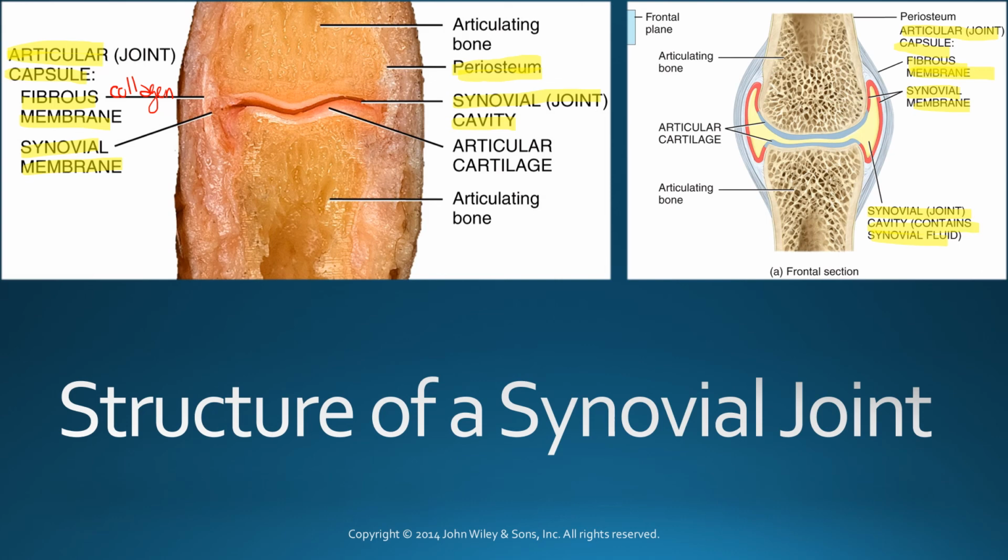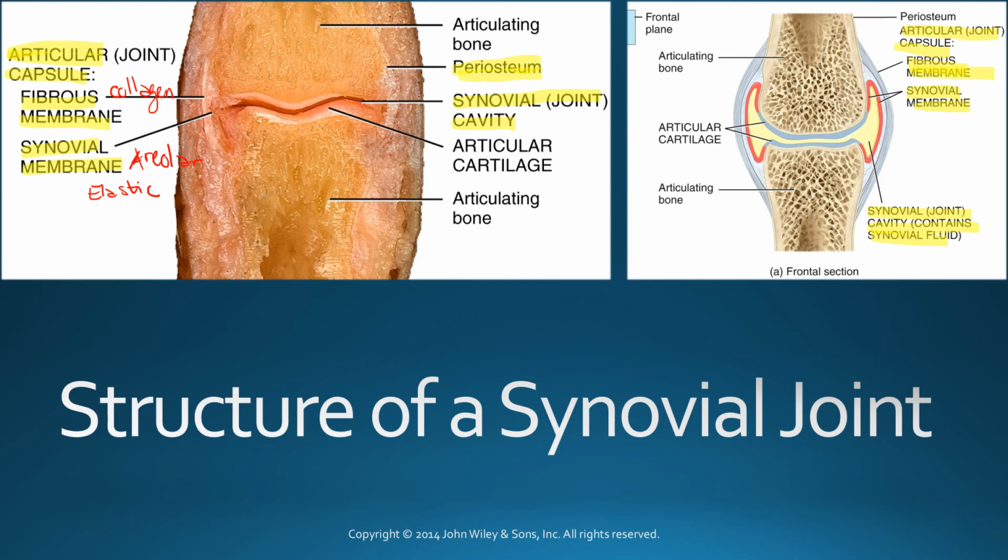The inner layer of the articular capsule, the synovial membrane, is composed of areolar connective tissue with elastic fibers.